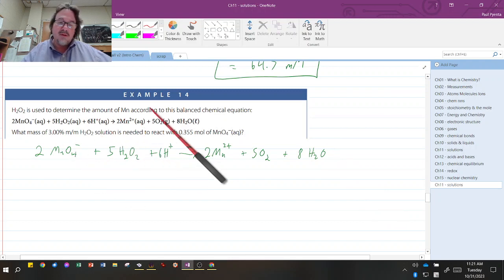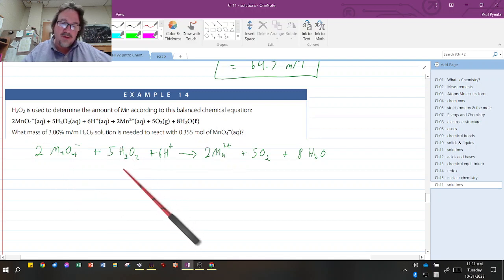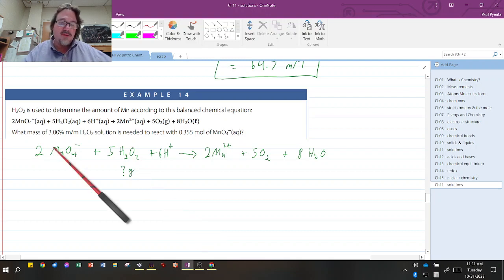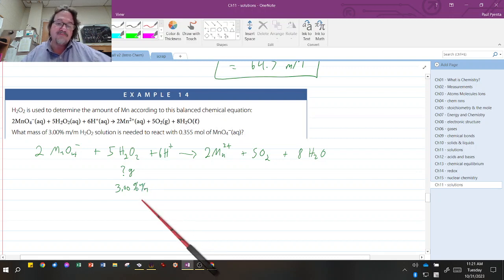Let's see. What mass of peroxide? So question mark here. What mass? How many grams do we need there? What mass of a 3% mass solution? So the concentration is 3.00% mass by mass. That's my concentration.